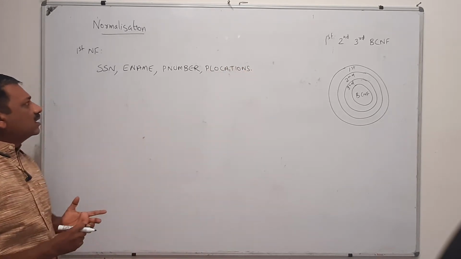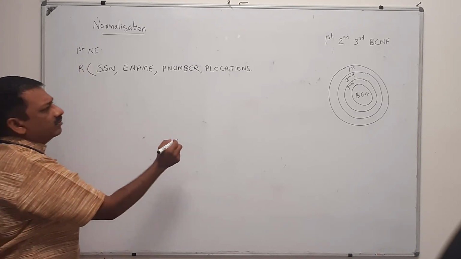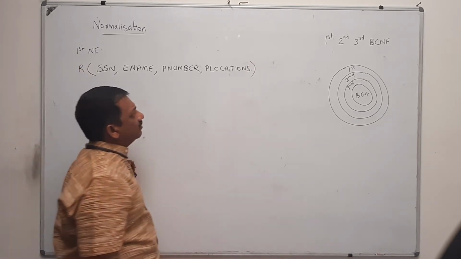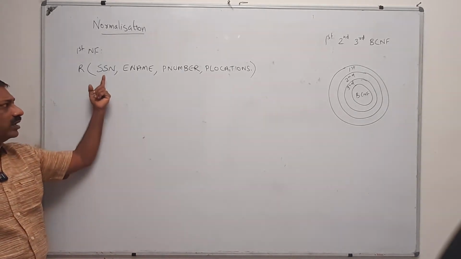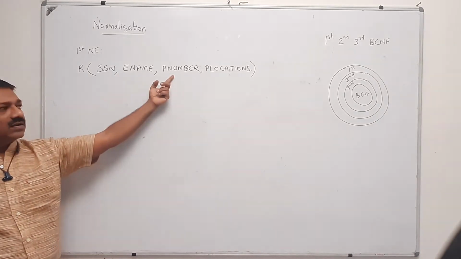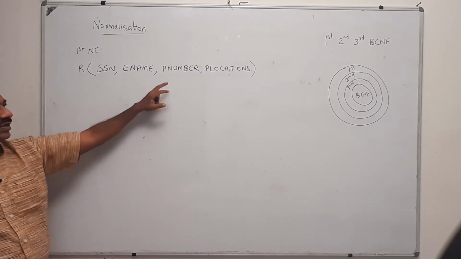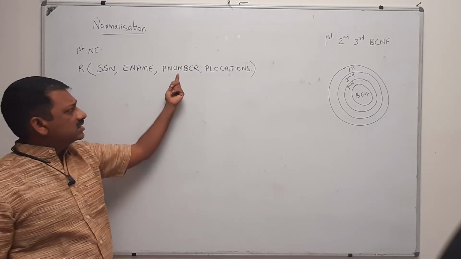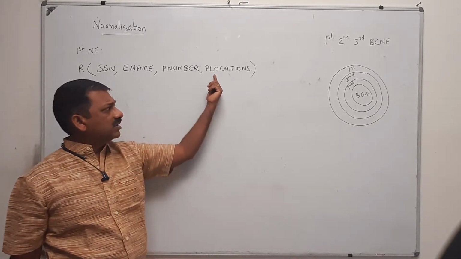Here is the social security number of the employee, the name of the employee, and the project number for which he is working. Suppose that he is working on a single project and this project is in various locations, that means P locations.